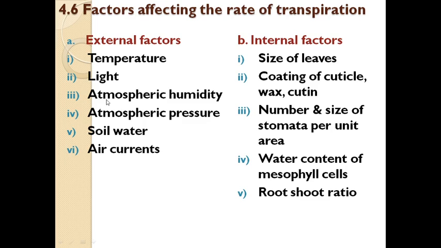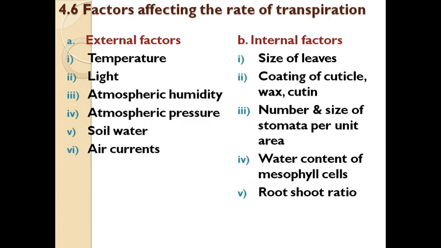The next factor is atmospheric humidity. When the atmosphere is humid, transpiration is naturally less. If the air is dry, or the humidity is low, the rate of transpiration is more. The rate of transpiration is inversely proportional to the humidity in the atmosphere. Then the next factor, atmospheric pressure.